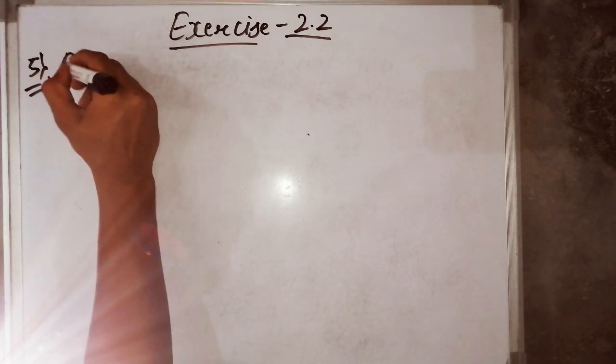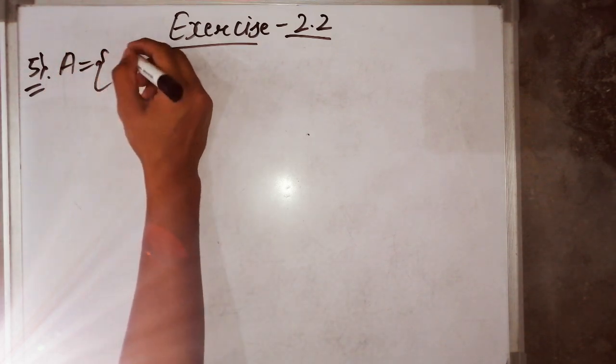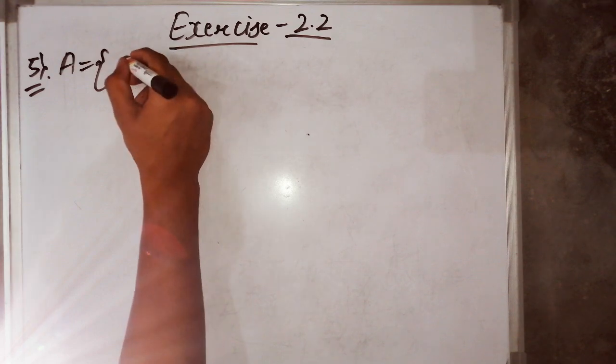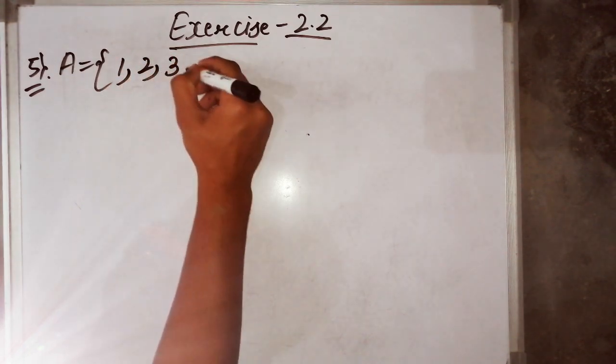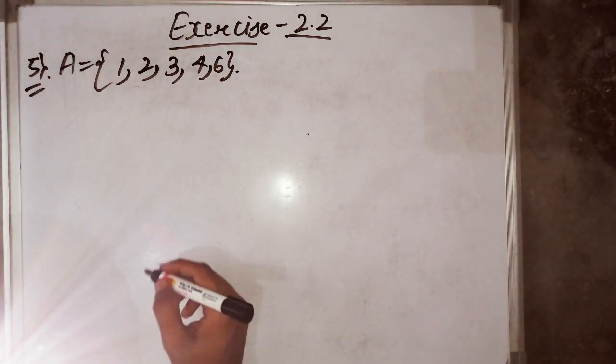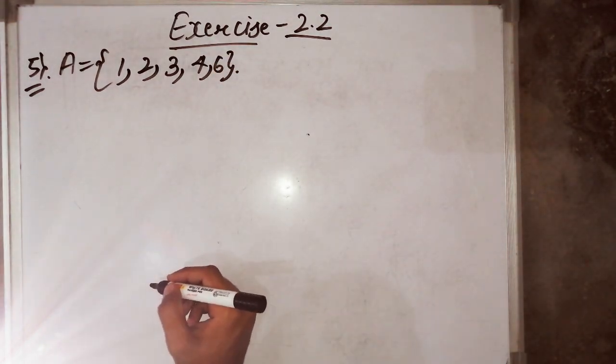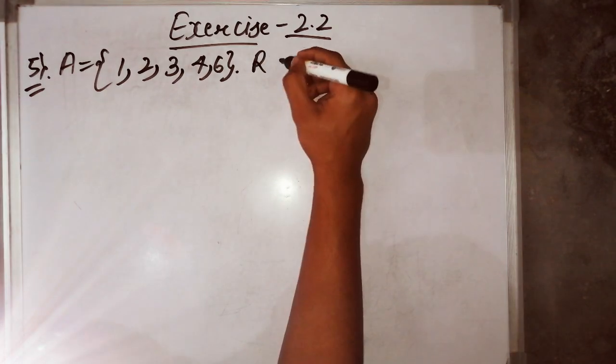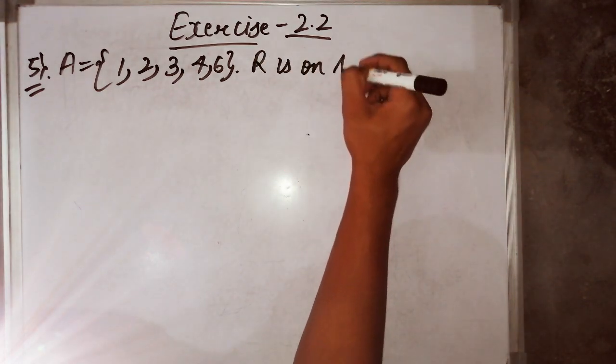Okay, let me write down. A equals to 1, 2, 3, 4, 6 and R be relation on A defined by R is on A.